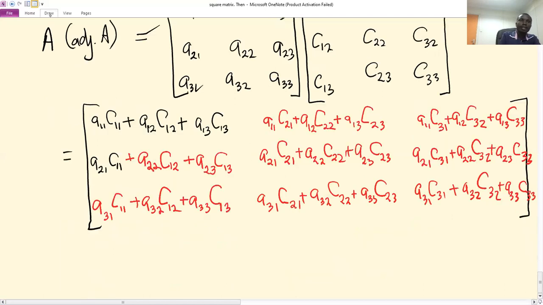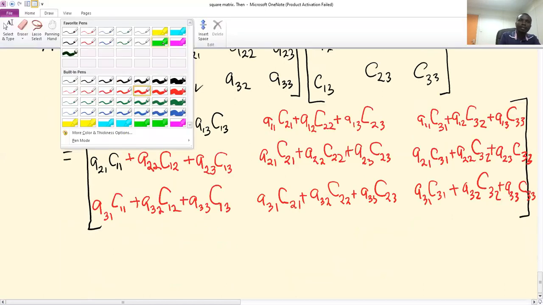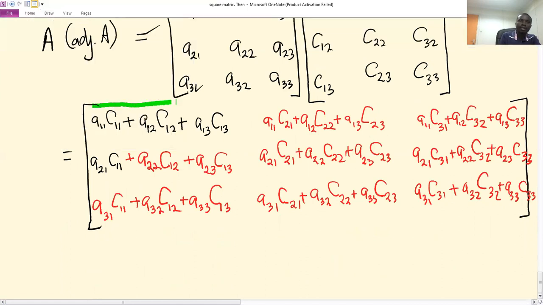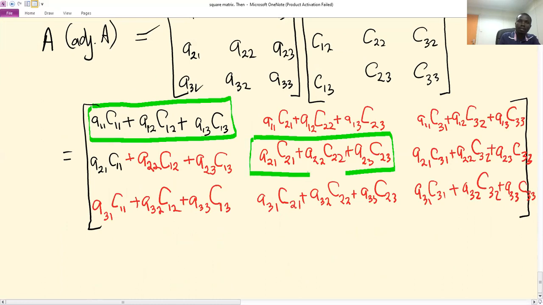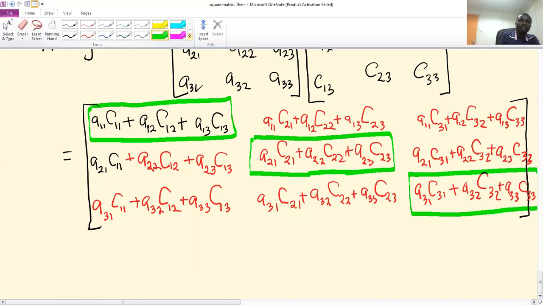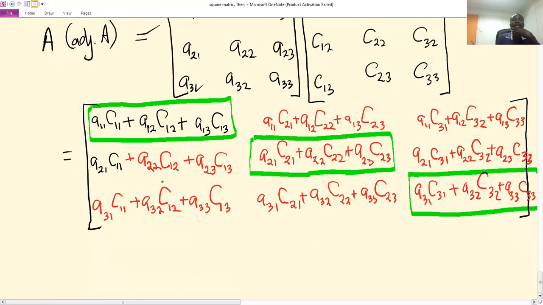And you see in this product, you should see that these sums define the determinant of A, because remember, the determinant by the cofactor method is simply: if you take any row, you multiply the elements by their corresponding cofactors, then you get the determinant.